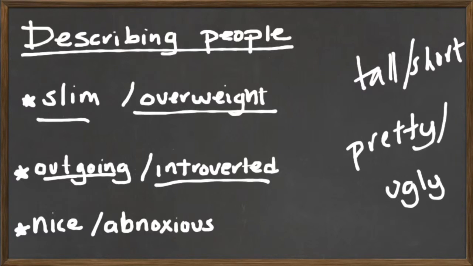The next one would be nice. And its opposite, well, somehow its opposite would be obnoxious. Now the difference between nice and obnoxious: a nice person is someone who is agreeable, someone who is good to see.